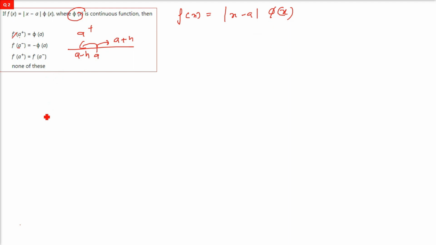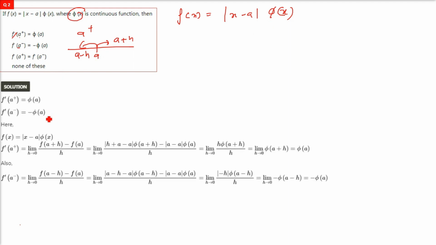Since we have this as f dash, we will try to find out the differentiation, or f dash, using the first principle. So f dash of a plus, let us see what we get. Wherever x is there, just replace it with a plus h. So limit h tends to 0, the first principle, it will be f(a plus h) minus f(a) divided by h.